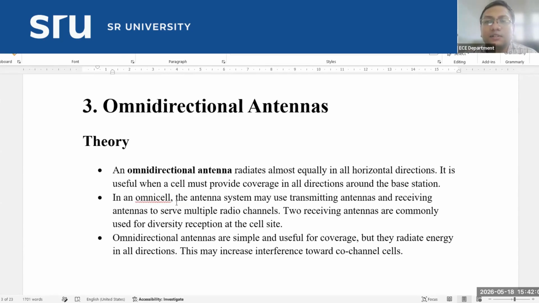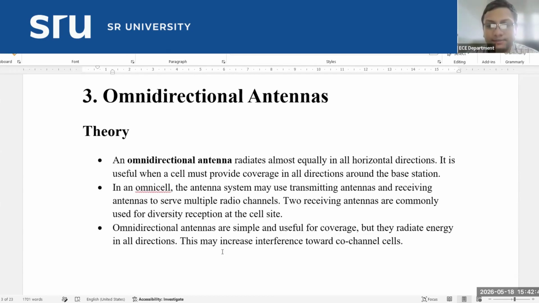So if it radiates from the center of the cell and reaches some cell which has the same set of frequencies, there will be some interference that is called co-channel interference, or the radiation will reach the adjacent cell where it will contribute to adjacent cell interference. So though the antenna is very simple for coverage, it is not so good to handle interference.